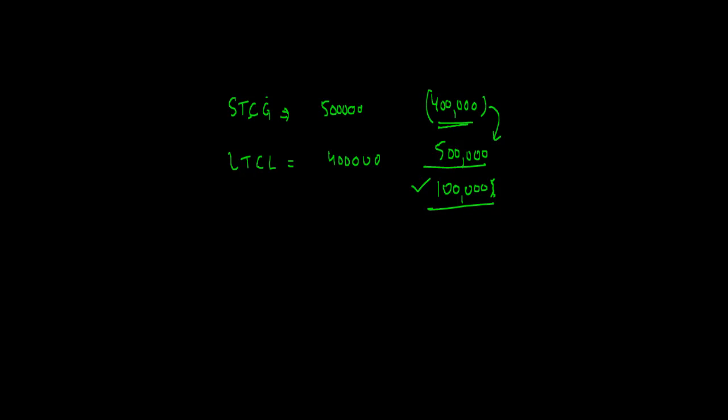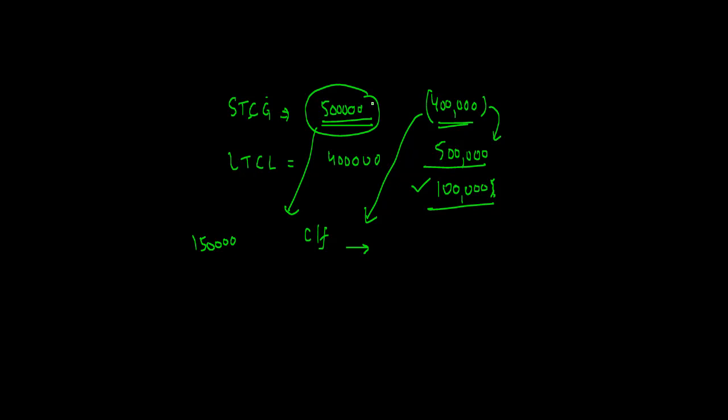Now, if I had not set it off, I would carry it forward. And next year, if I set it off against, let's say, this 5 lakh, the normal tax payable on 5 lakh at 30% is 1,50,000.